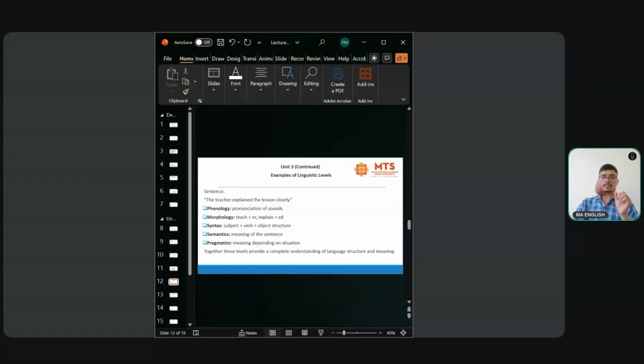Okay, it was not six, it is five. I said six when I said linguistic analysis and levels. If you add phonetics, then it becomes six levels of linguistics. But here we discuss only five, because we don't need phonetics. We only need phonology to pragmatics.